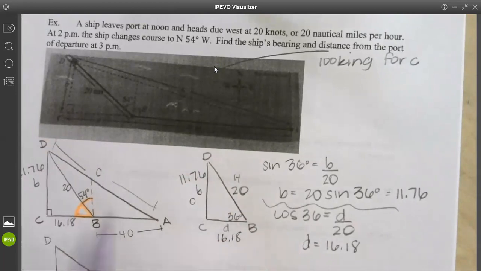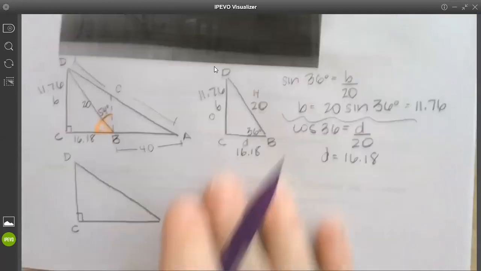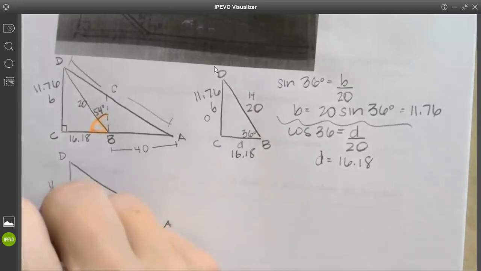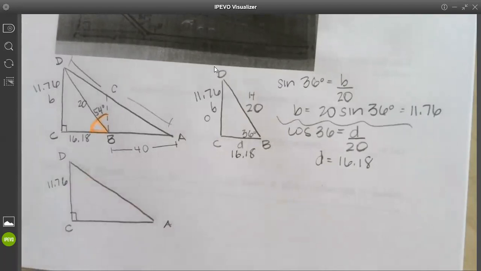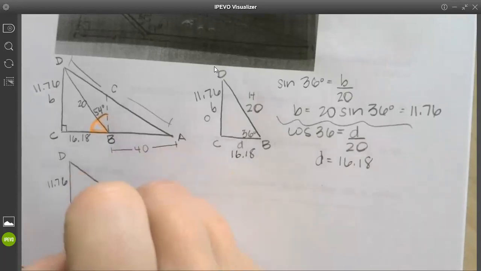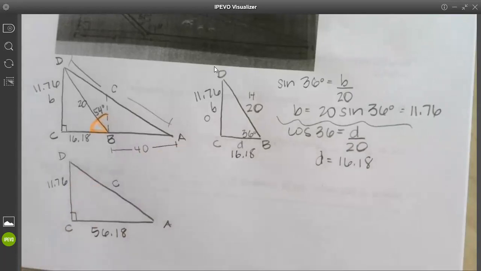What is CD? 11.76. What about CA? And then how can I find little c? I can do Pythagorean theorem.